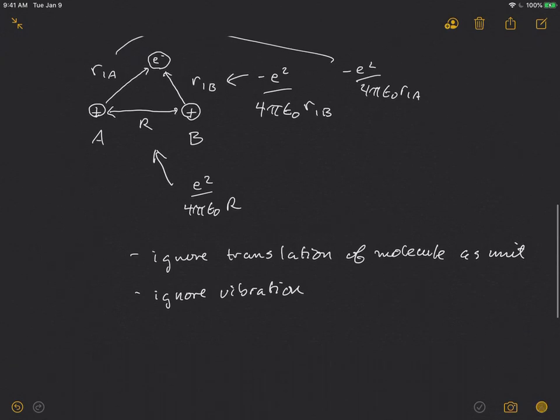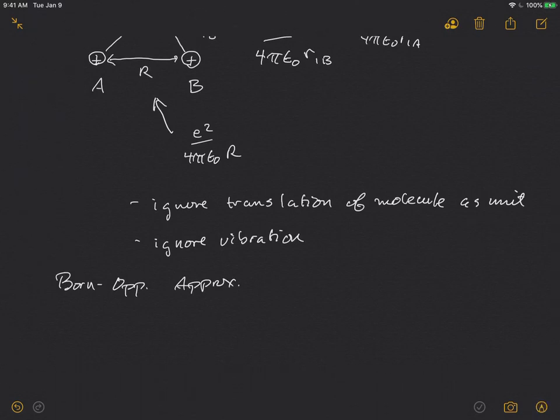And it turns out that there's a framework within which we can ignore these things, and that's called the Born-Oppenheimer approximation. And Oppenheimer, in addition to being the father of the atomic bomb, was also involved in some fairly early quantum mechanics. The basic idea behind the Born-Oppenheimer approximation is that, first of all, we're not that interested in translation of the molecule as a whole.